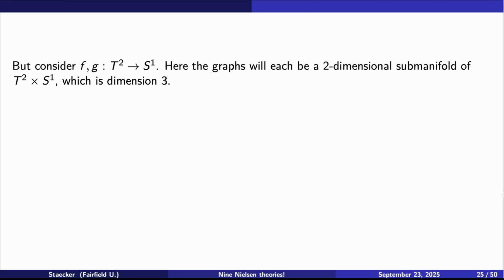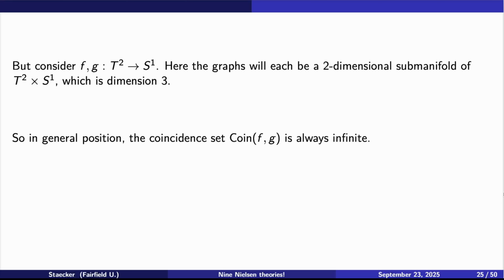But what if we do the other way around? Here the domain dimension is larger than the codomain dimension. Now the graphs, by the same thing I just said, will each be two-dimensional submanifolds of a three-manifold. And actually now, in a general position, they will intersect along a one-manifold, right? Because this will be sort of four total dimensions inside of a dimension 3. And so actually this coincidence set will in general be always infinite.